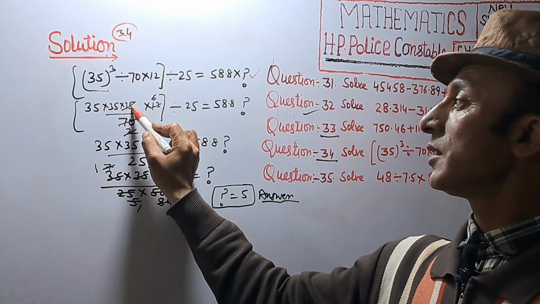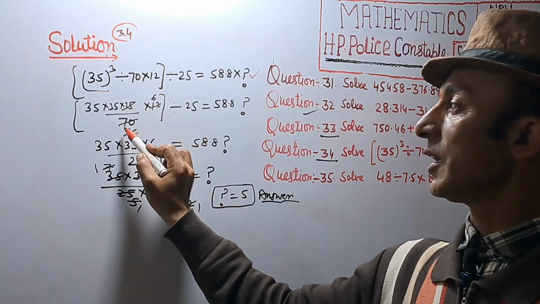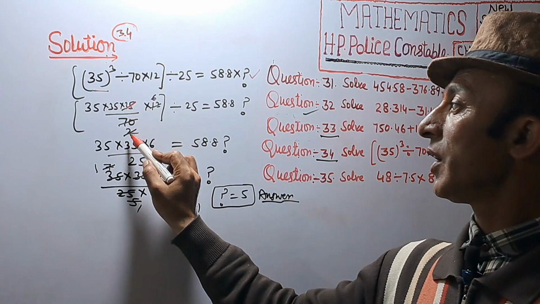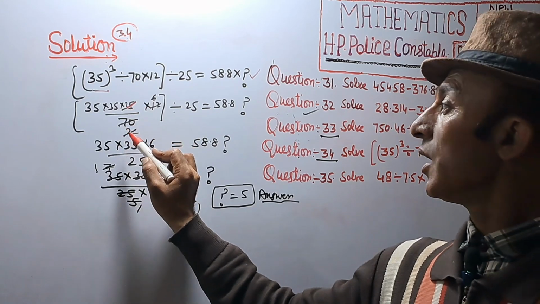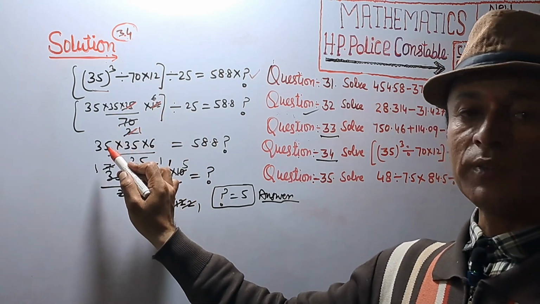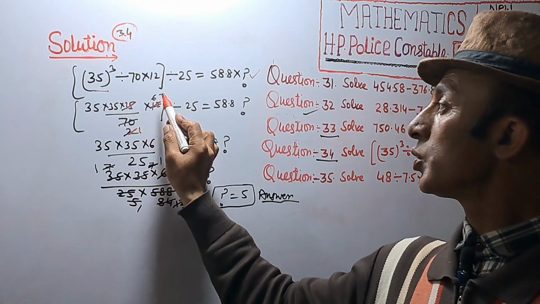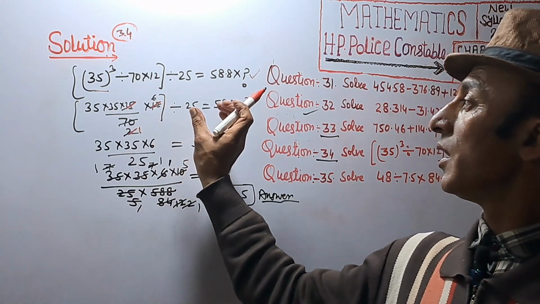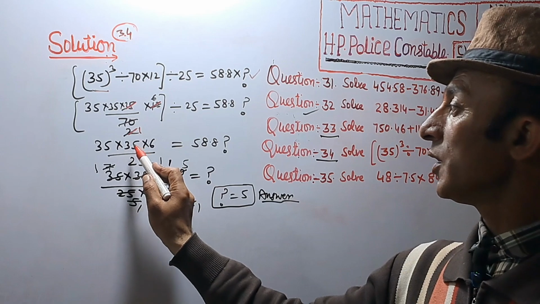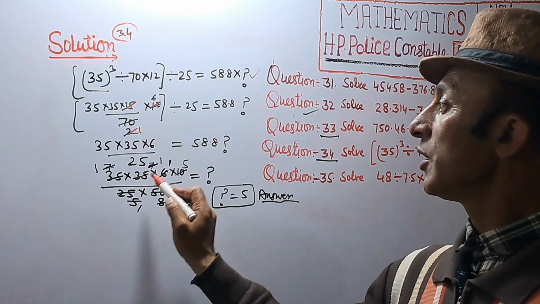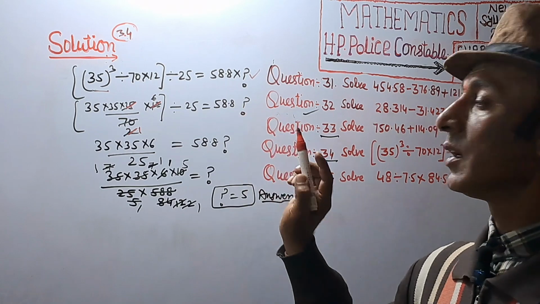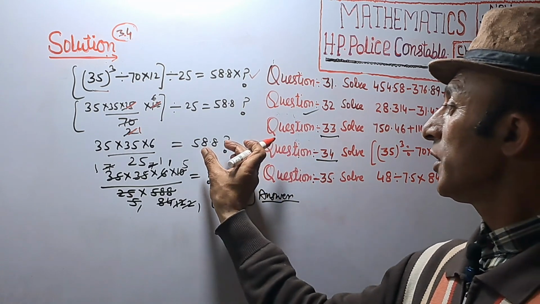We are multiplying 3 times and divided by 70. 35 ones are 35 and 35 twos are 70. 2 ones are 2, 2 sixes are 12. So we get 35 into 6 in bracket, and this bracket is divided by 25. So 35 into 6 divided by 25 equal to 58.8 ?.